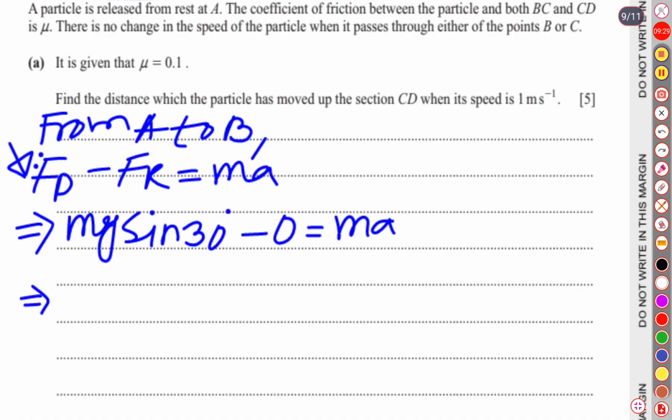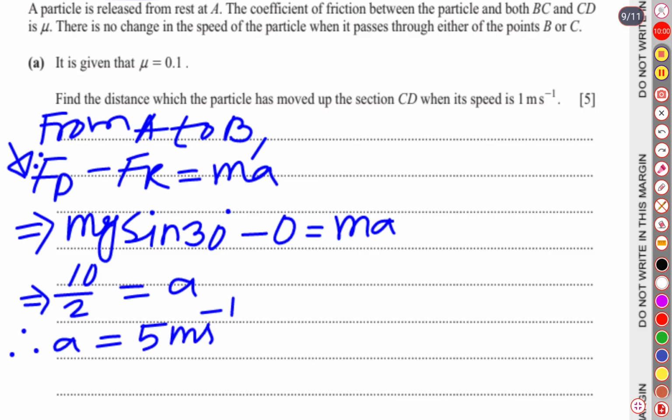If we cancel m from both sides, acceleration due to gravity g is 10, sin 30 is half, so it is 10 over 2, which gives a. Hence the acceleration of the particle at point B is 5 meters per second squared. So we have solved one of the parts.